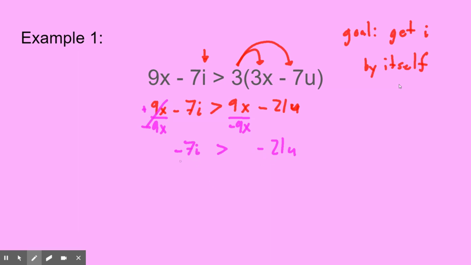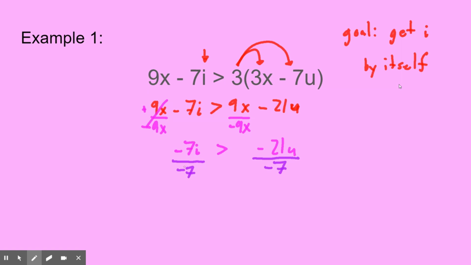We still want to get the i by itself. The only thing on the same side as i right now is the negative 7, so we're going to divide both sides by negative 7. Remember, properties of inequality mean that we have to do the same thing to both sides. So we're going to do so. Now, this is where it gets a little bit tricky.